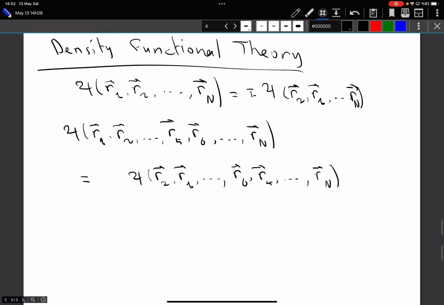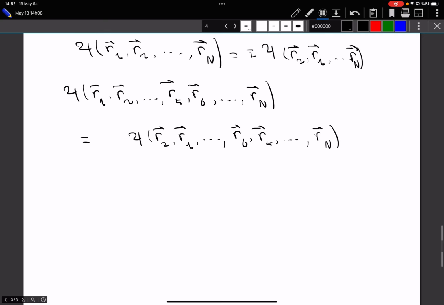So if we change 1 and 2 and then 2 and 3, how many exchanges? Two exchanges? Well, it is two exchanges. But at last we only change 1 and 3. Well, let's see.